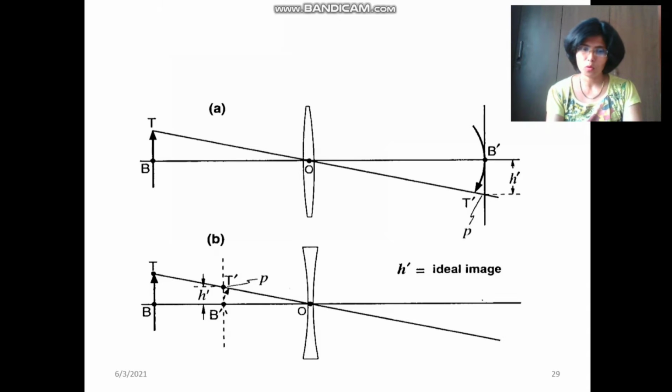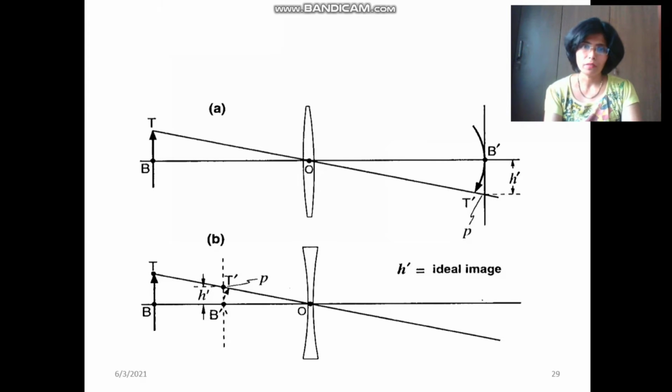Also, the central portion of the image nearer to the principal axis is in focus, but the outer regions of the image away from the principal axis are blurred. This type of defect is called curvature of field. The defect arises due to the fact that the focal length of the lens for the paraxial rays is greater than the focal length for the marginal rays.